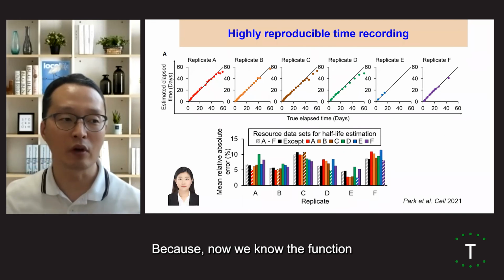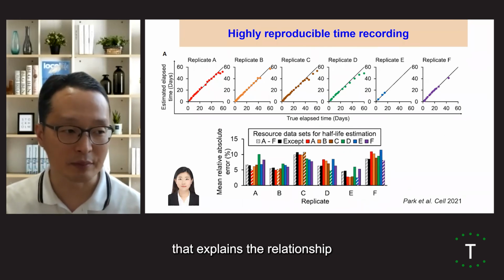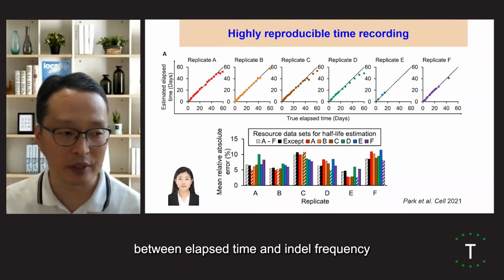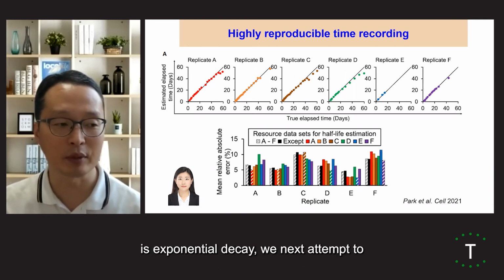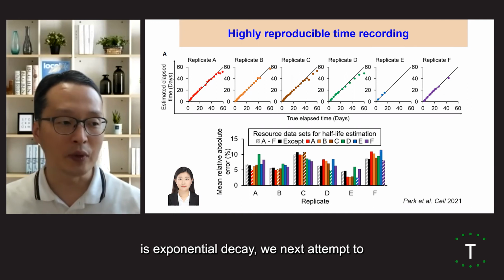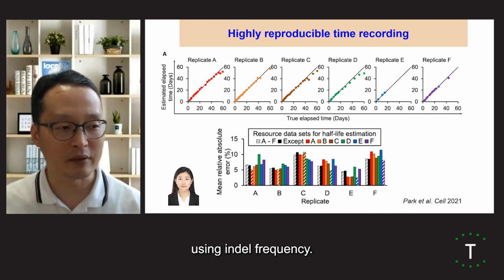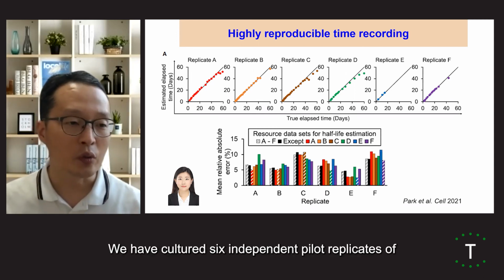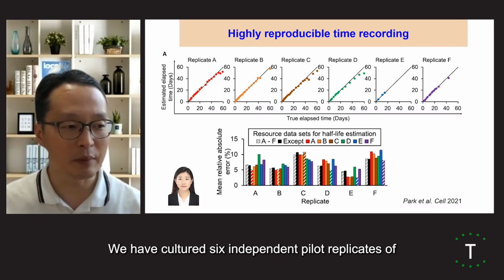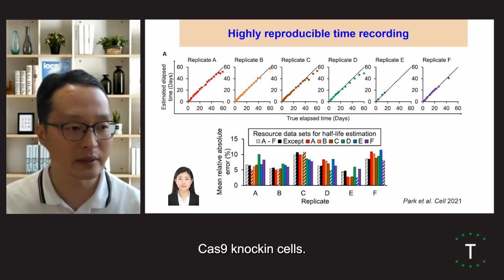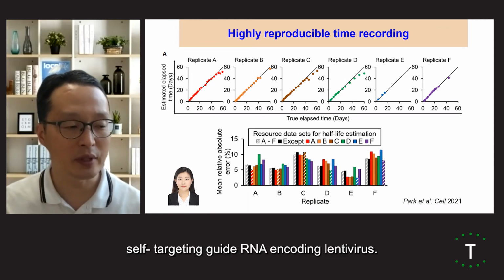Because now we know the function that explains the relationship between elapsed time and indel frequency is exponential decay, we next attempted to estimate elapsed time using indel frequency. We cultured 6 independent biological replicates of Cas9 knock-in cells transduced with self-targeting guide encoding lentivirus.